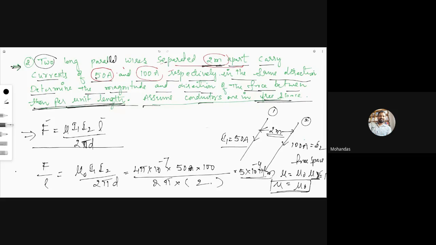Shall we go for another problem? 252 is not responding. 271 Shiva.